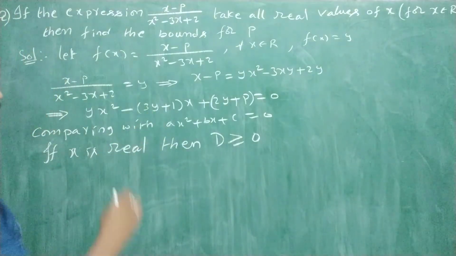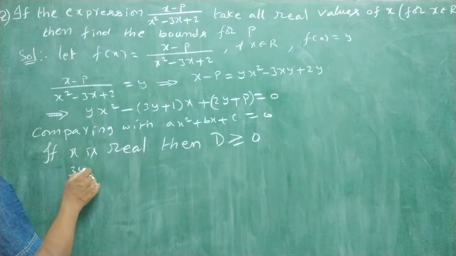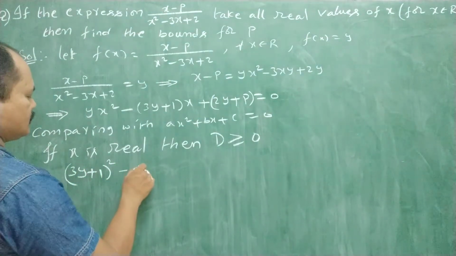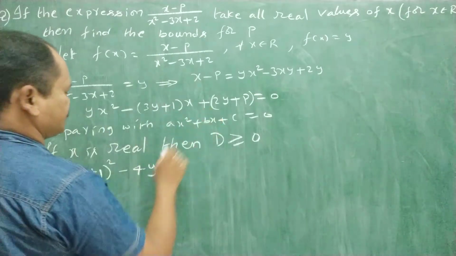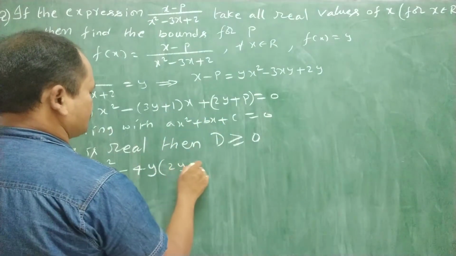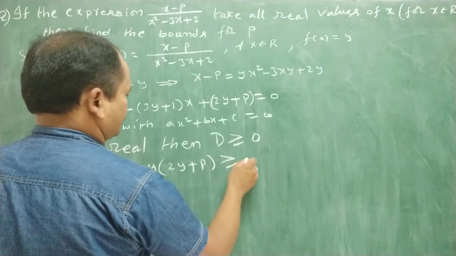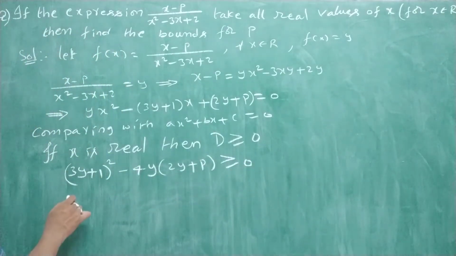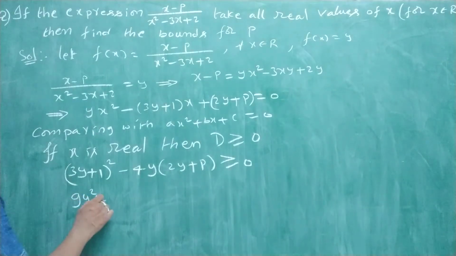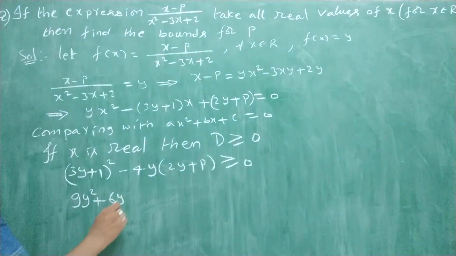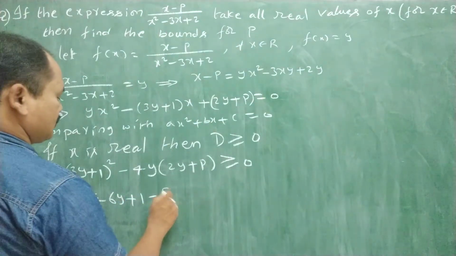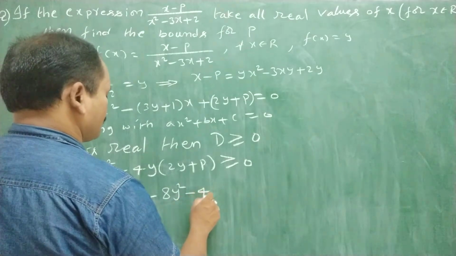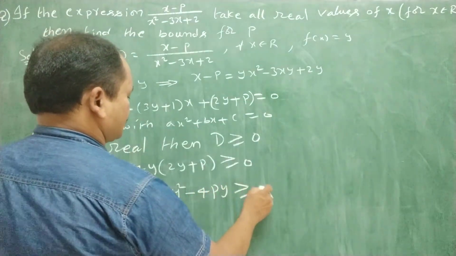Now the discriminant: b square, that is (3y plus 1) whole square, minus 4 into a into c, 2y plus p, greater than or equal to 0. Now we have to simplify this. Then it is 9y square plus 6y plus 1 minus 8y square minus 4py greater than or equal to 0.